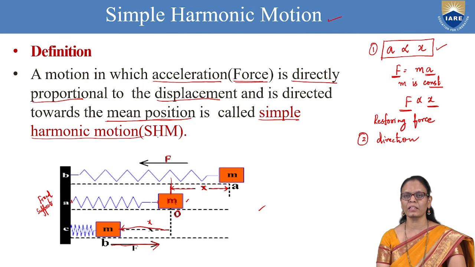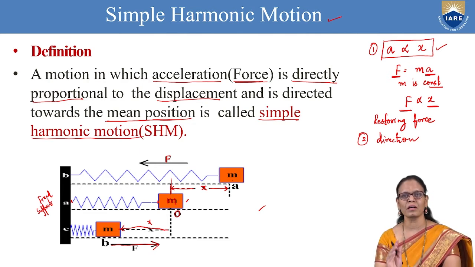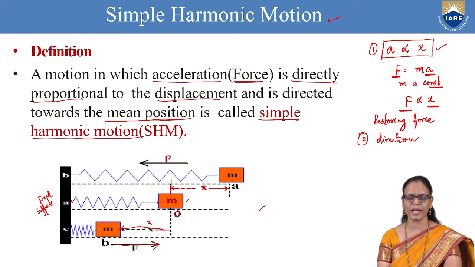If you have to write the definition, put everything in a nutshell: a motion in which acceleration is directly proportional to the displacement, meaning more the displacement, more the acceleration, and which is always directed towards the mean position, we call simple harmonic motion.